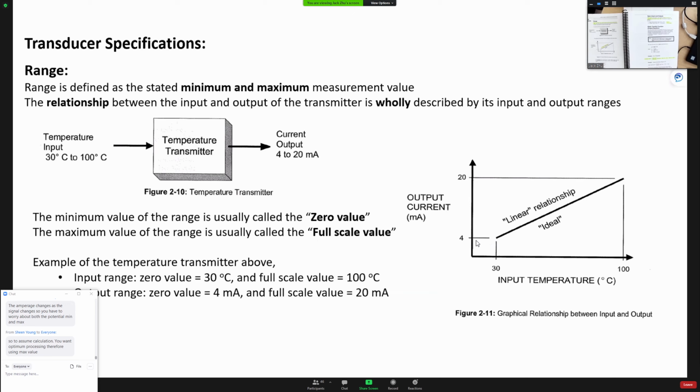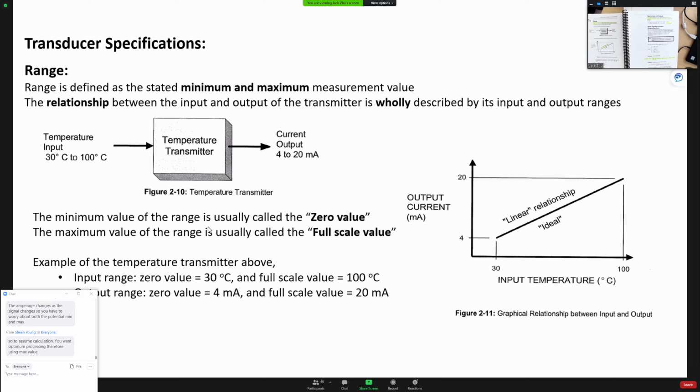And between this 4 to 20 milliamp and this 30 to 100 degrees, there is a linear relationship. They are directly proportional, so we can have a straight line down here. The slope of the line tells us the relationship between them.